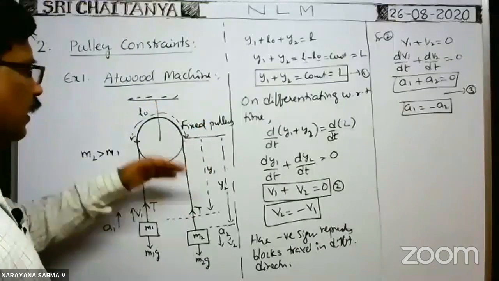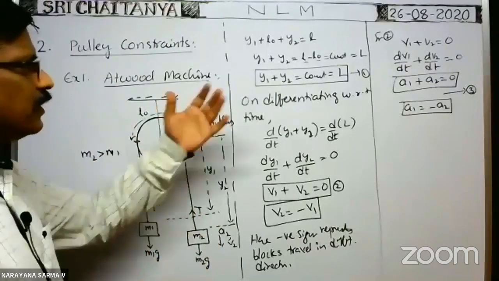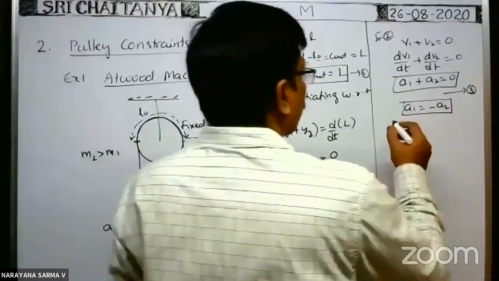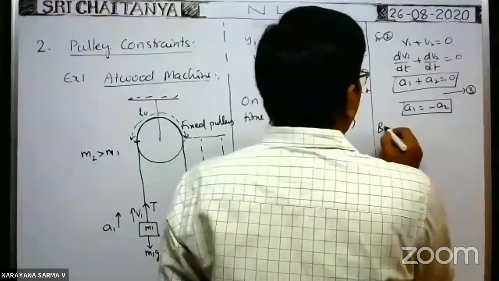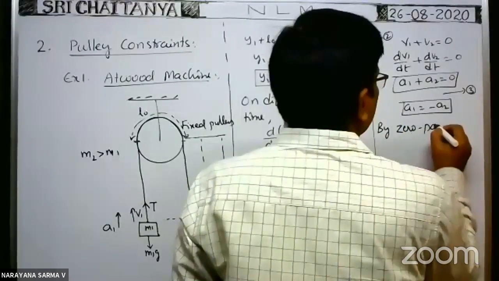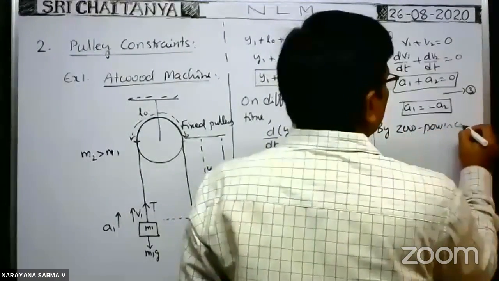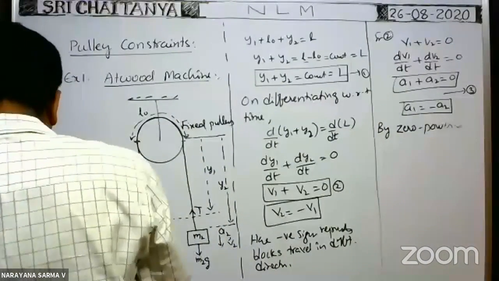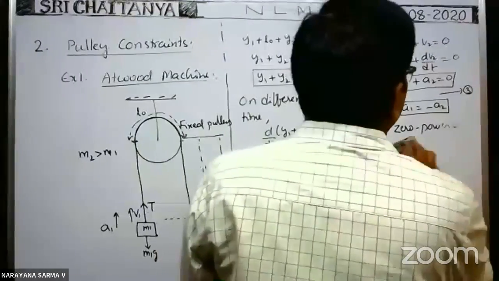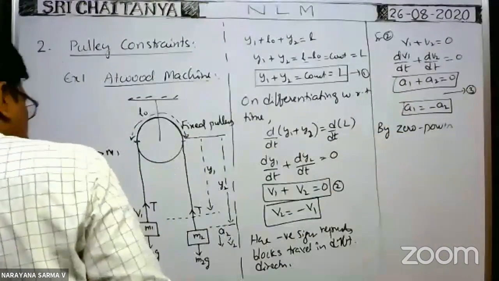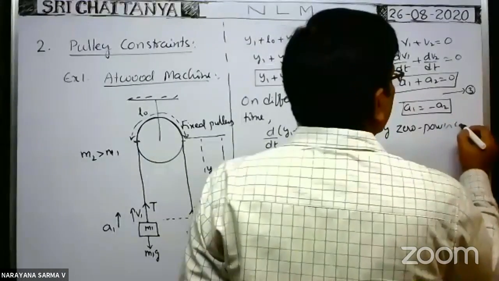From that, we have to measure the lengths of the strings and add them, differentiate them like this. Instead of that, the zero power concept is there. By the zero power concept also we can find it easily.